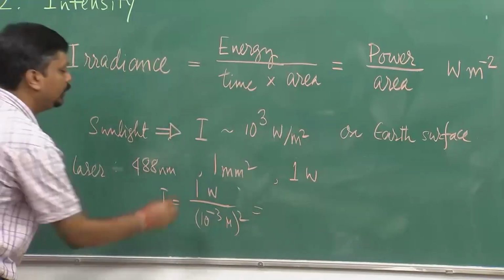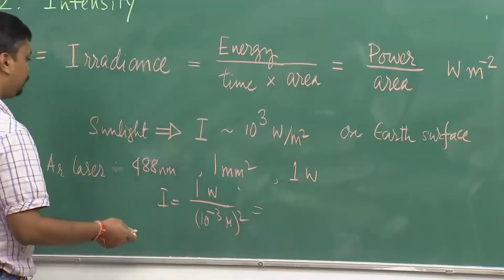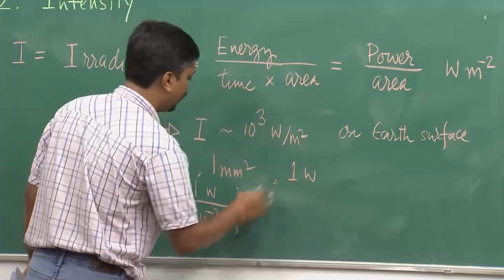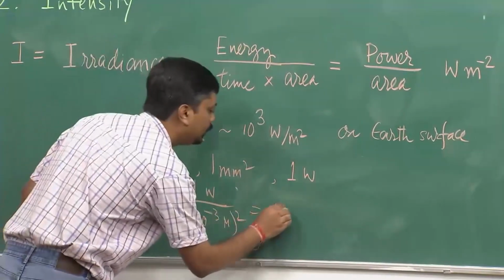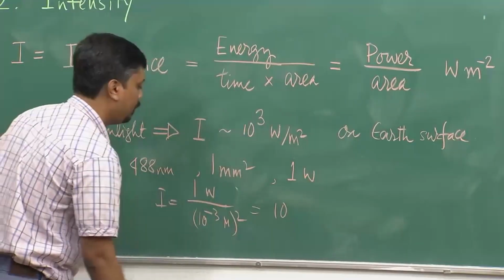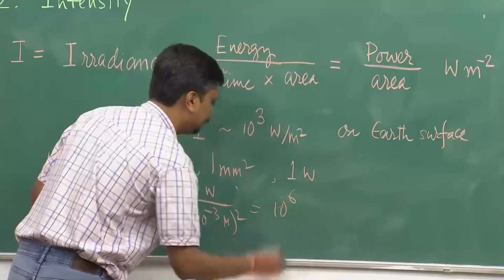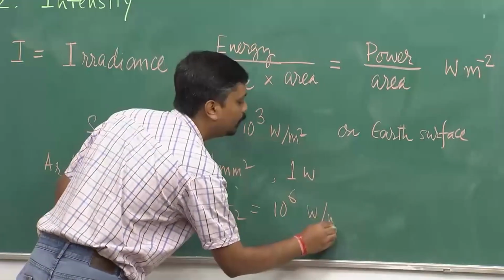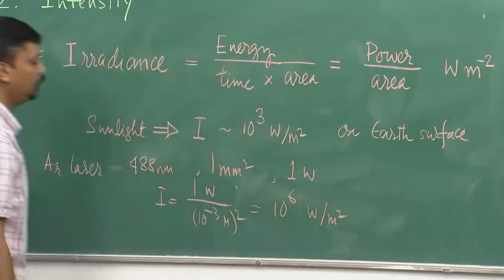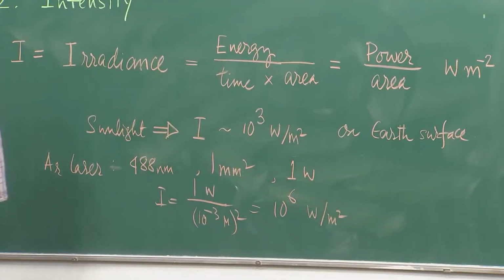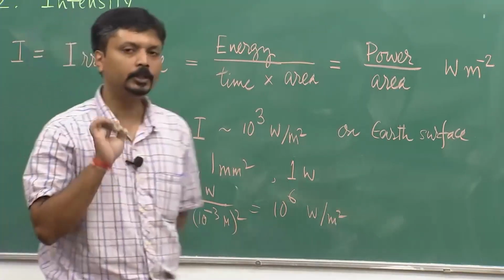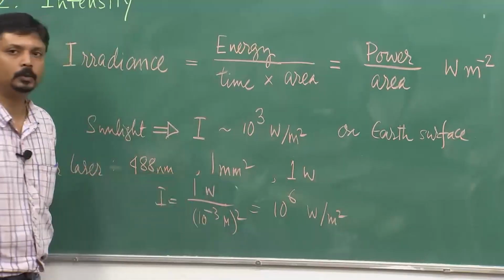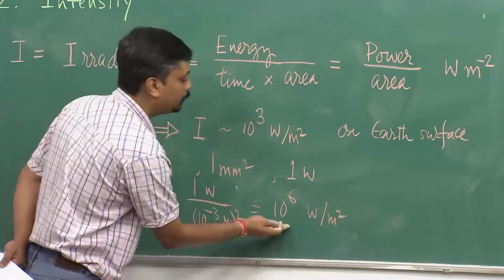So it will be 10 power 6 watt per meter square. So a beam of argon ion laser which has an average power of 1 watt and a beam width of 1 millimeter square has an irradiance of 10 power 6.